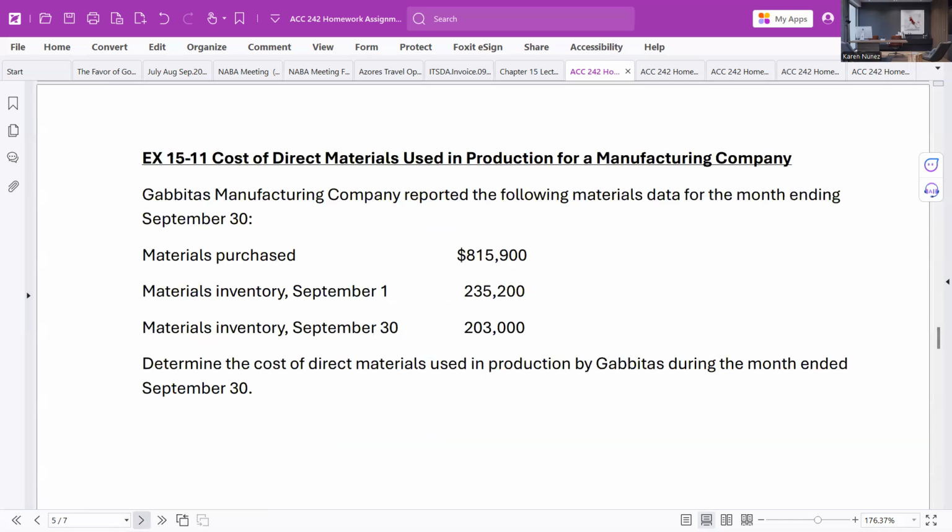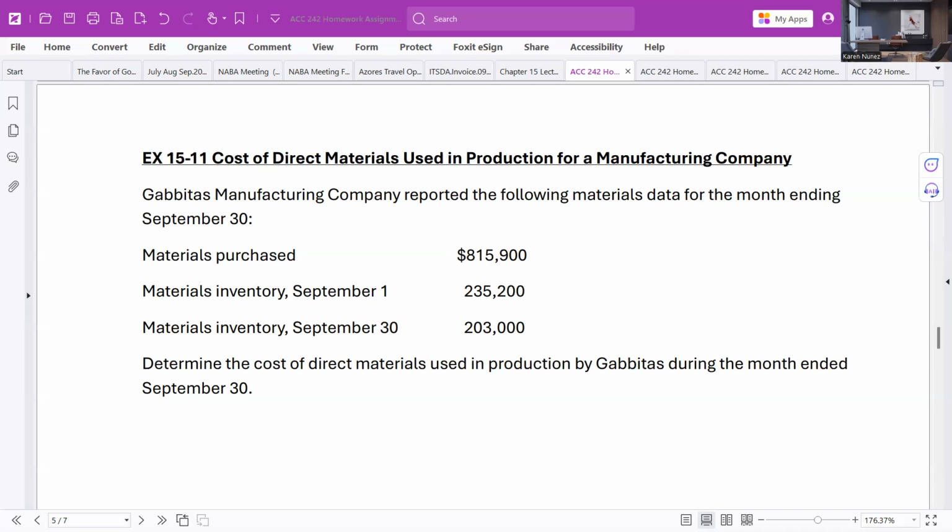Now, let's spend some time looking at cost accumulation. Focus on materials here. When we determine the cost of the materials, that exercise that we looked at at the end of the lecture for chapter 15, we started out by looking at materials. So you want to focus on what you start with. You start with some kind of beginning inventory, and then you add something in that gives you what's available.